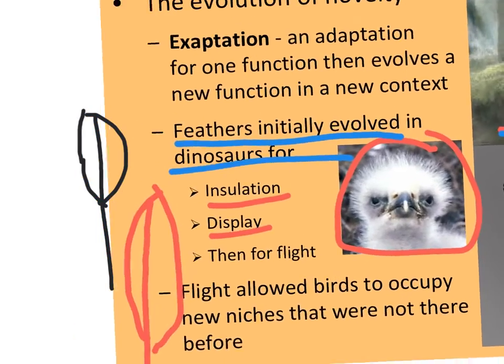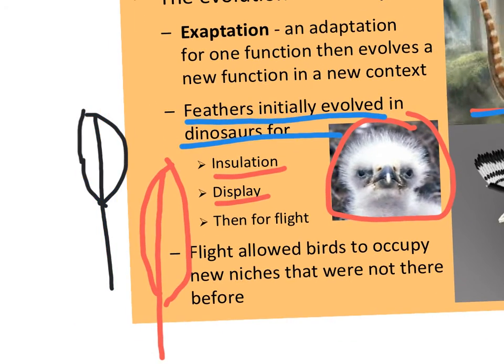Asymmetrical feathers, and we can see that here. Okay, and asymmetrical feathers actually create lift, and so they evolved. They were an innovation that resulted in flight. And flight allowed birds to occupy new niches that were not there beforehand at all.